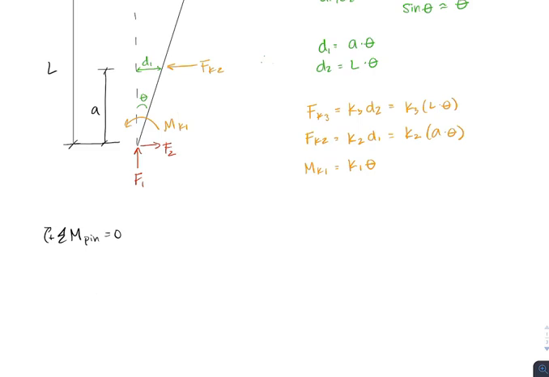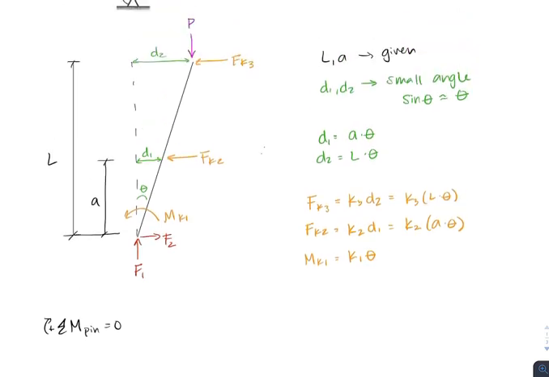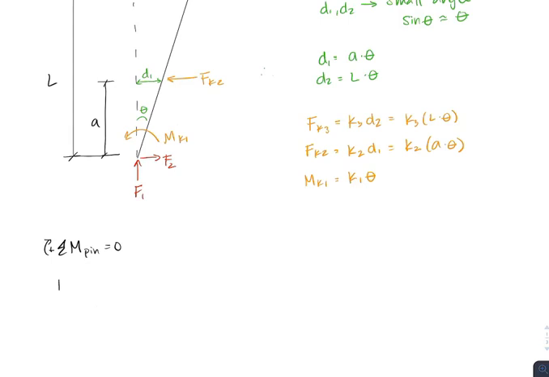If we look at the top force first, force P acting over a distance of D2 is going to be in the positive direction. This is going to be minus our FK3 times L, that's the distance it acts over. Also another minus FK2 times A, and then minus our moment at the bottom, which is MK1. All of that is going to be equal to 0.